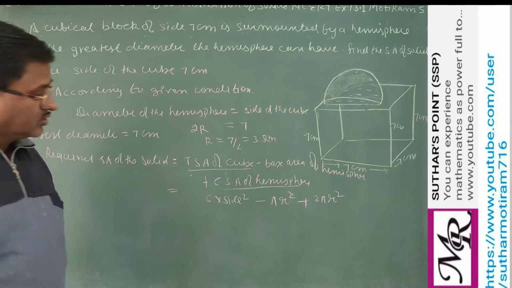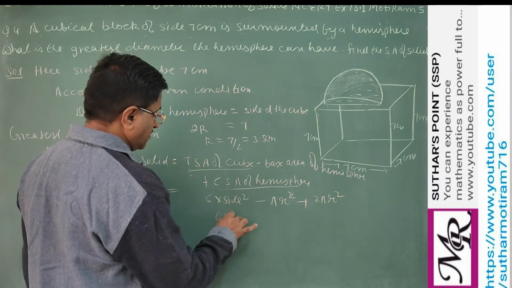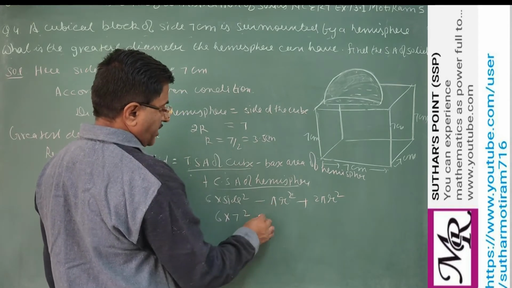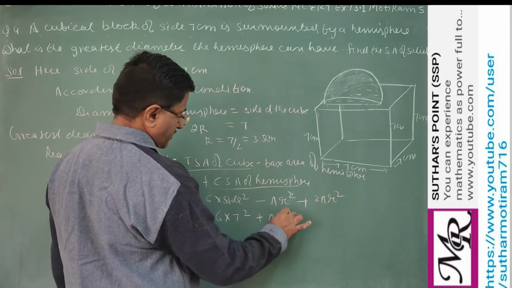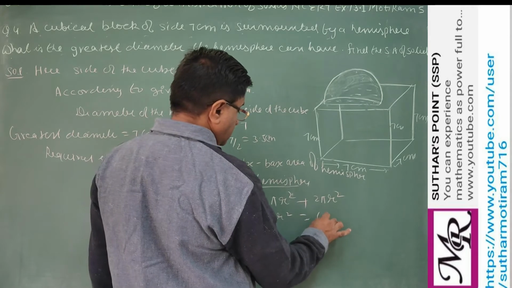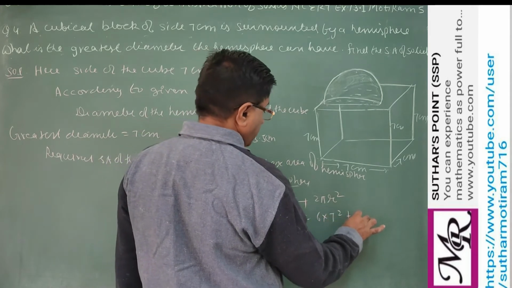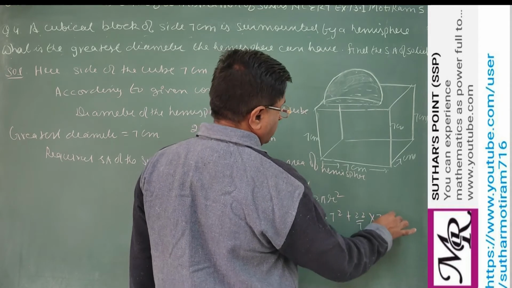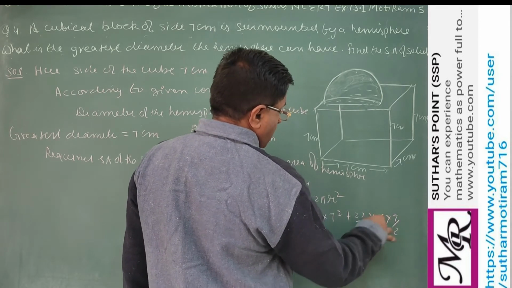Clear? So now 6 into side, given 7. Now 2 pi r square minus pi r square is 1 pi r square. Now put the values: 6 into 7 square, pi as 22 by 7 and radius 7 by 2.